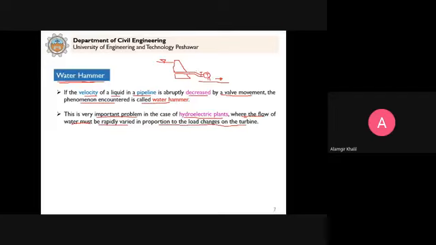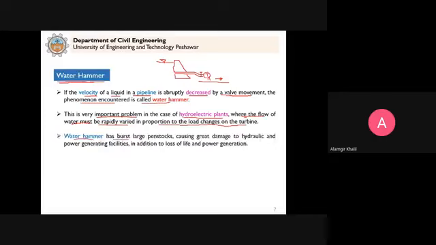So if you suddenly close the valve, this huge quantity of water you suddenly bring to rest. So what will happen? There will be an enormous increase in pressure, and this increase in pressure can be dangerous. So this water hammer has burst large penstocks. Penstock is this pipe through which we supply water to the turbine. This is known as penstock.